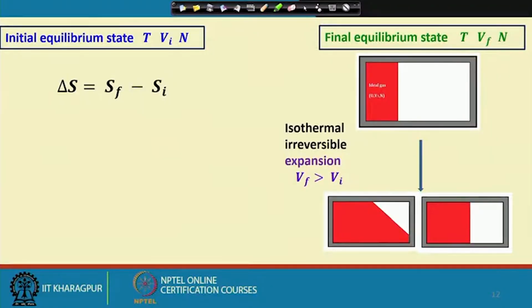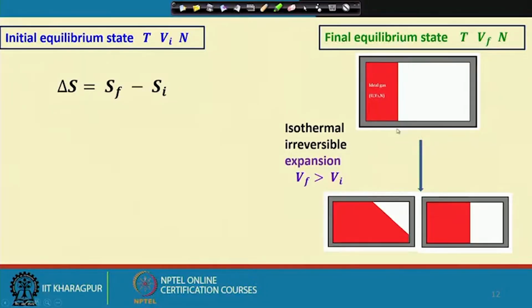So, we once again have this single step where I am representing the change in entropy as entropy of the final state minus entropy of the initial state. We have rejected the possibility of compression of the gas.